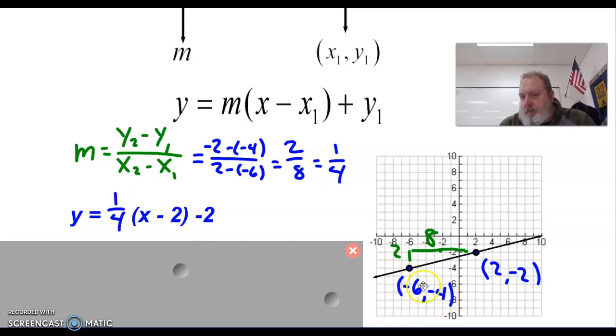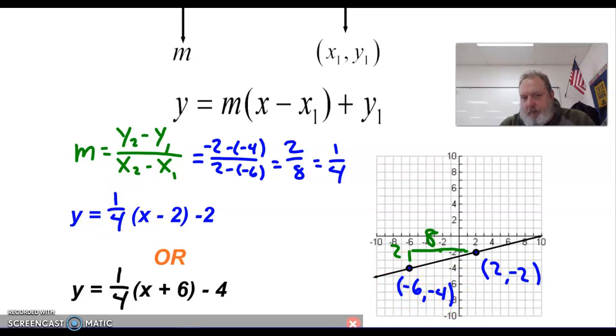You could have used this point. If you did that, our slope is still the same. Slope is still 1/4. And then we will do x minus this value. If you subtract the -6, that's x plus 6. Then our y value here goes at the end, which is -4. So again, there's two possible answers here. You only need one. Just depends on which point you pick. So we have a point, 2, -2, and our slope.